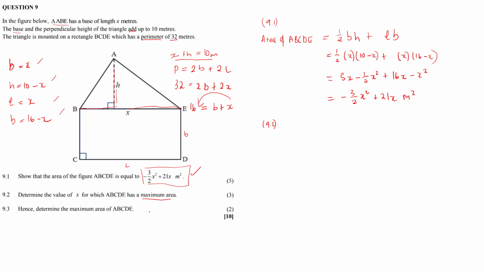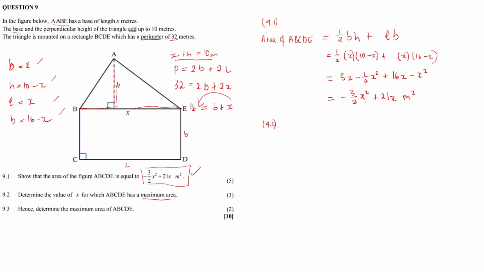Now, this is what I want you to understand. Calculus is very huge in terms of application. So when they say maximum, meaning the peak, we are talking about the peak. Look at this equation, negative 3 over 2 x squared plus 21x.